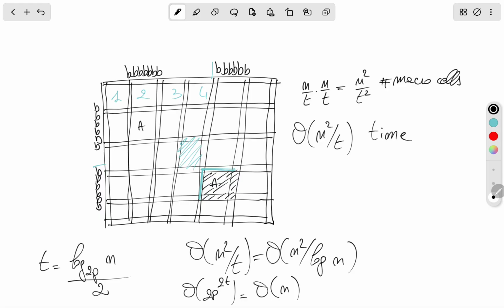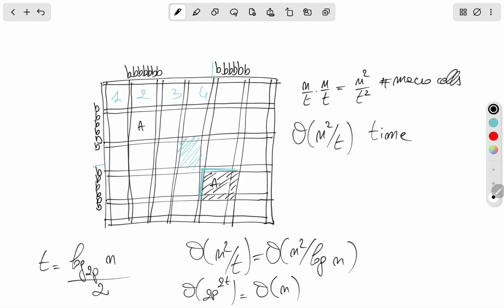Because I need to first pre-compute everything and then go submatrix by submatrix. That's the theoretical, the methodological advance.